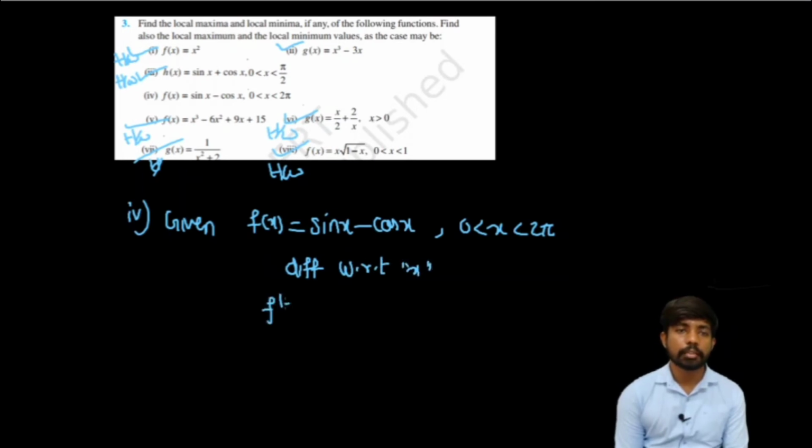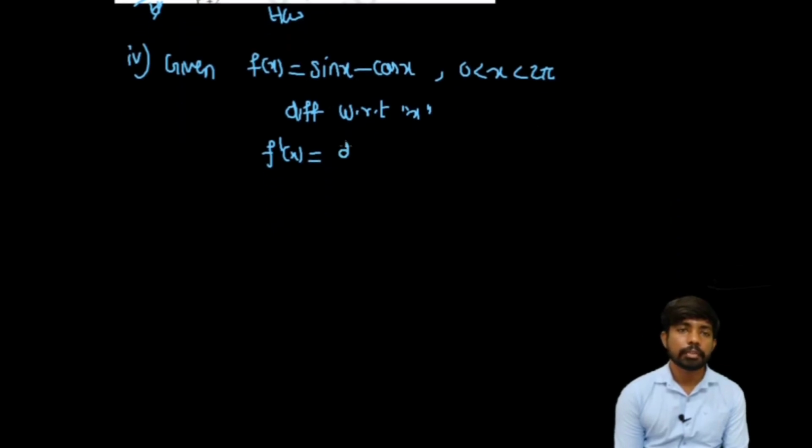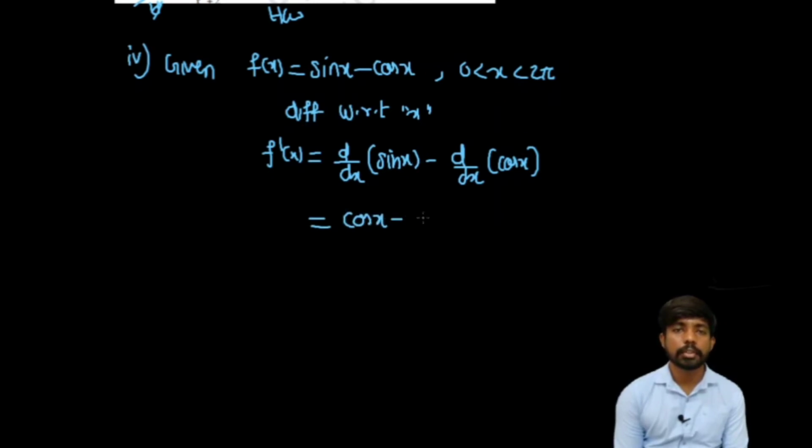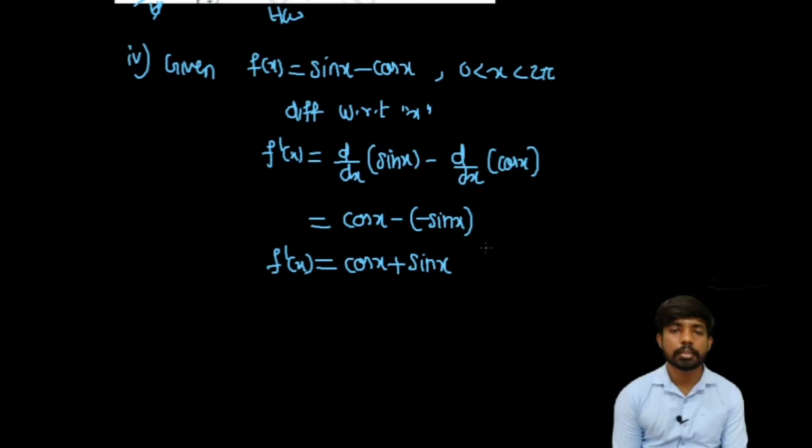So f dash of x is equal to the differentiation of sin x minus the differentiation of cos x. The differentiation of sin x is cos x, and of cos x is minus sin x. So minus into minus is plus: f dash of x is equal to cos x plus sin x.